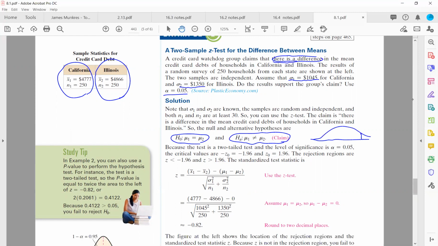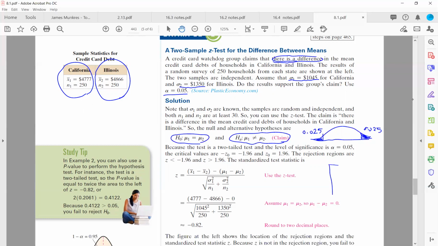Since you have a two-tailed graph and your alpha is equal to 5%, you divide alpha by 2, 0.025 in each tail.